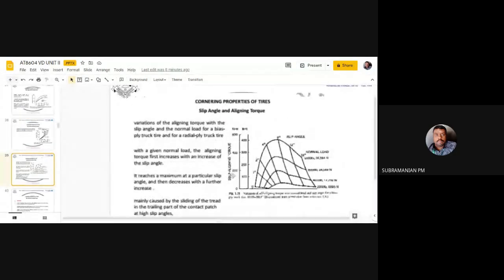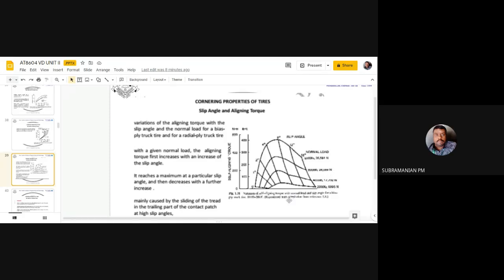And in this one you can see self-aligning torque and slip angle. Normally you might have seen cornering force with slip angle, but this one is slip angle versus self-aligning torque, and normal load is also included. The y-axis is self-aligning torque.